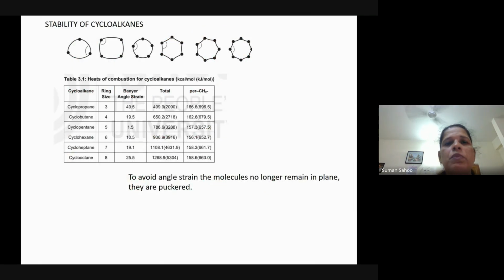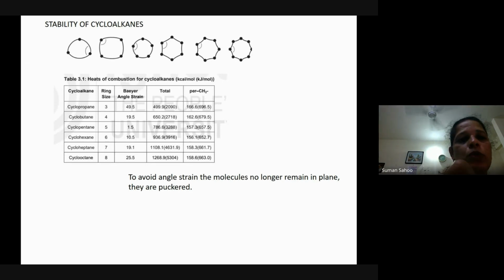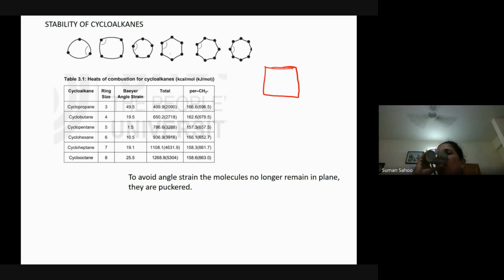So next comes the stability of cycloalkanes. This one is cyclopropane, cyclobutane, cyclopentane, cyclohexane. Actually this should be written like this, in a planar form, but because of angle strain it is different. So this is cyclopropane.